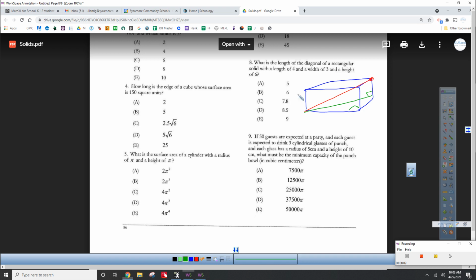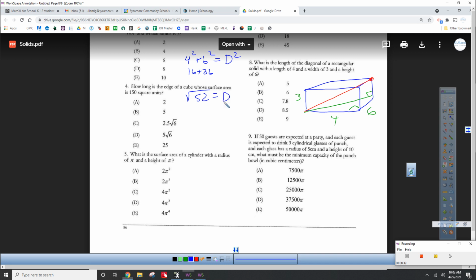This looks like it might be a 3. This like maybe a 4, and that's a 6. So to find the diagonal of the bottom, I'll do 4 squared plus 6 squared equals D squared. So 16 plus 36. D is the square root of 52.